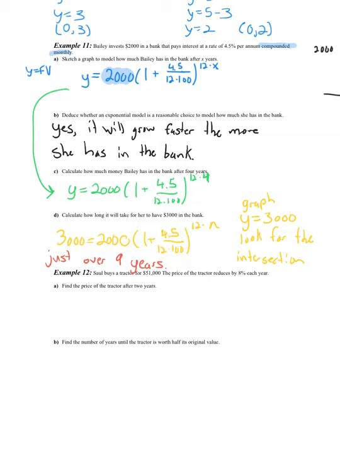Oh, for part C, it should come out to like $2,300, almost $2,400. I had $2,393 and 63 cents. So if you plug in the 4 there, all right.